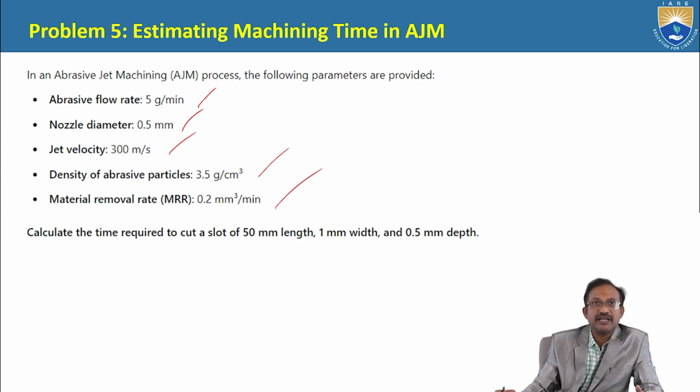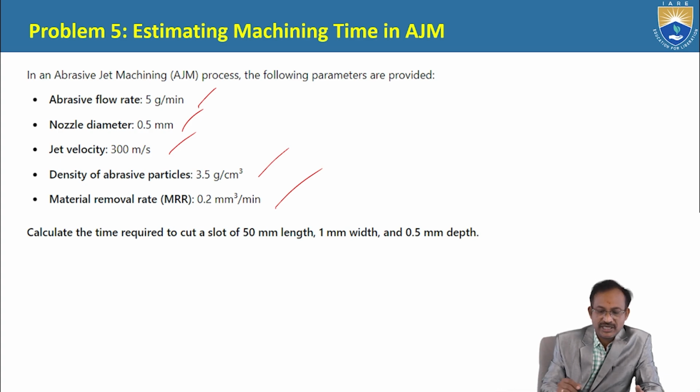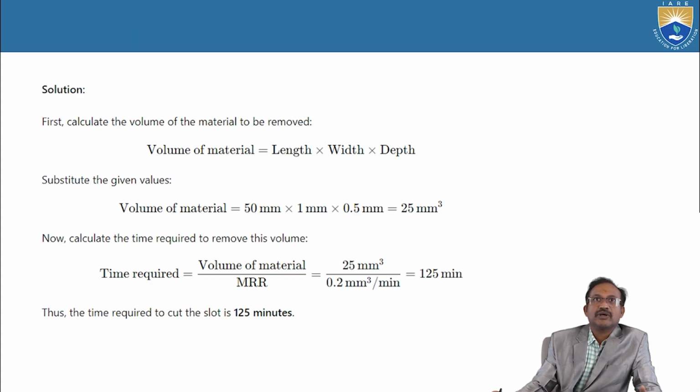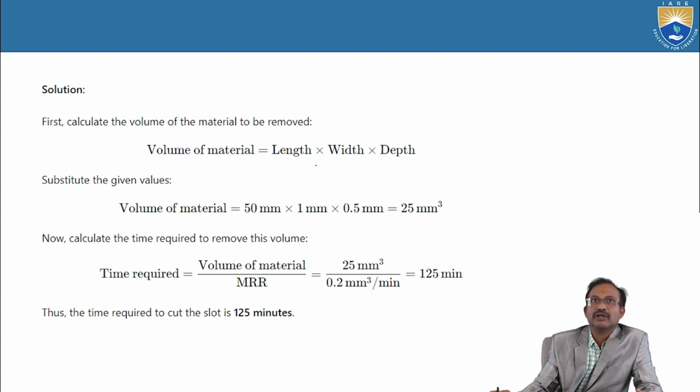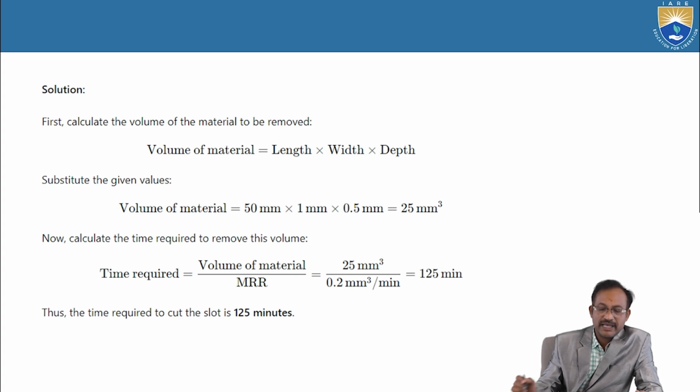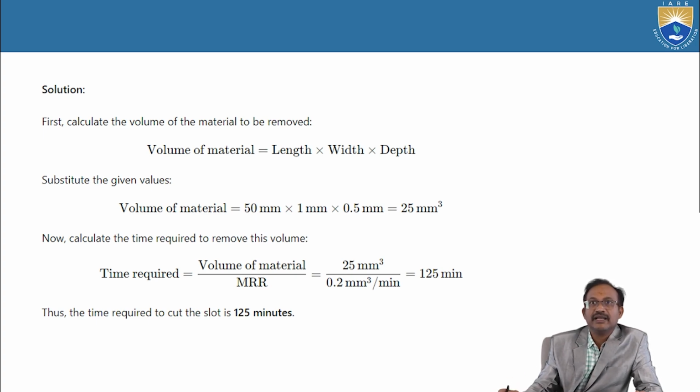Calculate the time required to cut a slot of 50 mm length, 1 mm width and 0.5 mm depth. Solution. Volume of material we can calculate as usual, length, width into depth. Substitute the values: length given, width given and depth given. So we got the volume of material.